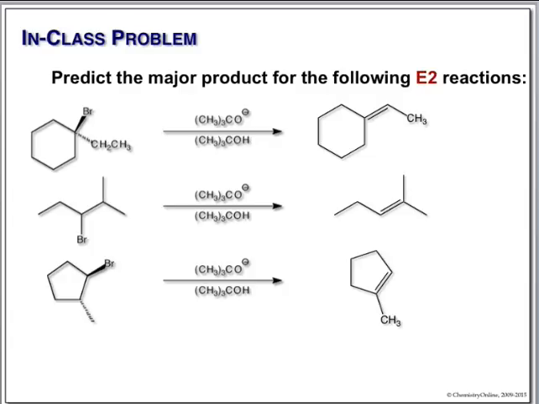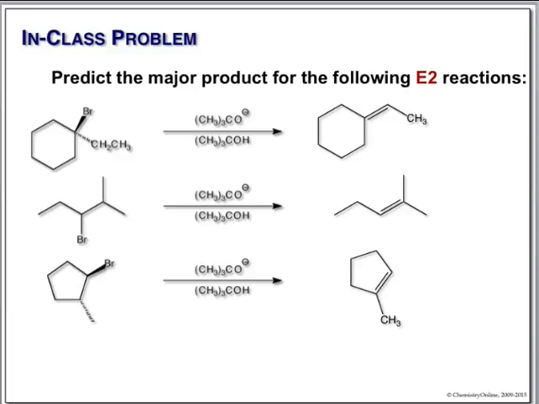Oops. I just gave a beautiful argument for the wrong product. Well, I drew the wrong product. Actually, this is going to give elimination across here, to give not this alkene, but this one up here. So the double bond will be not with the methyl group, it'll be up there.